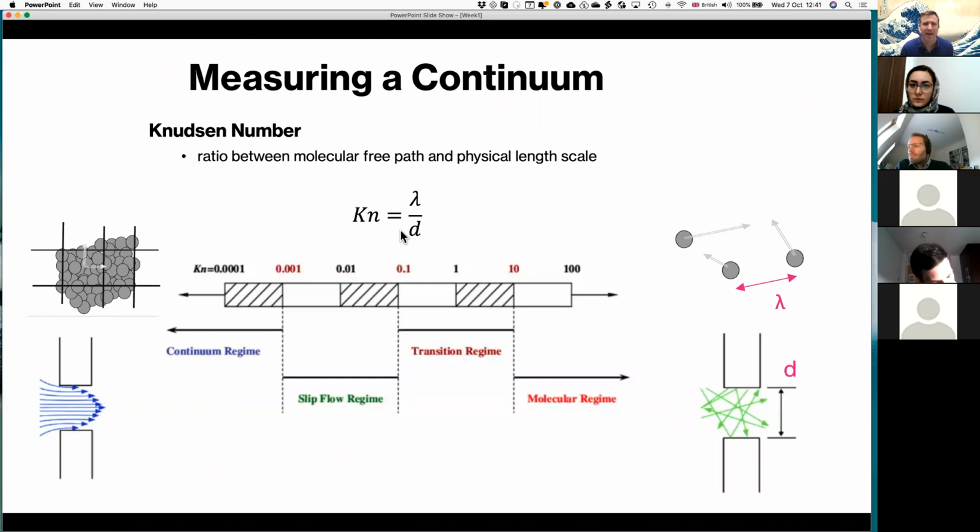But at the high Knudsen number range, above 1, you're essentially saying that the mean free path, the distance that molecules travel before colliding with each other, is essentially the same as the physical length scale of the domain. Above 1, you get all sorts of different non-continuum behavior, and you're in the molecular regime.